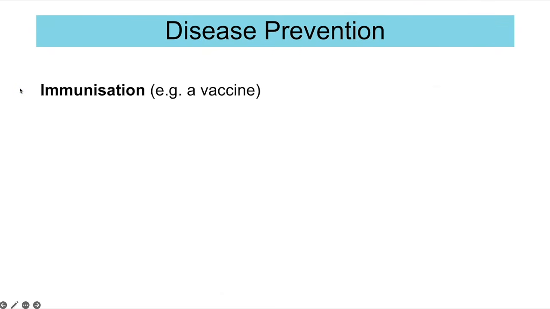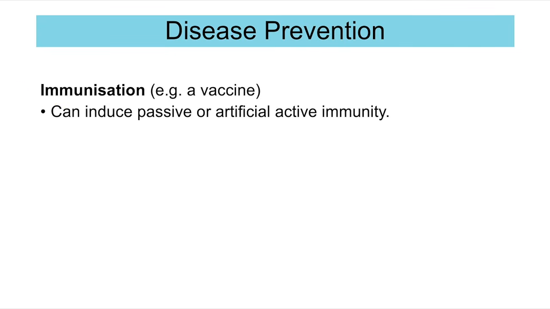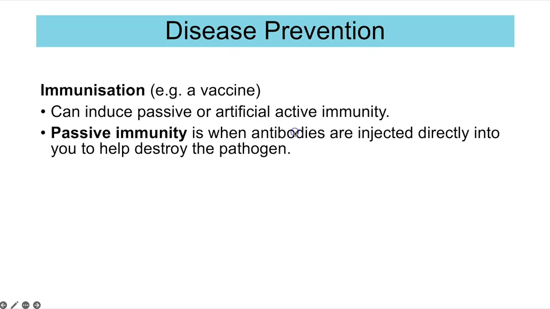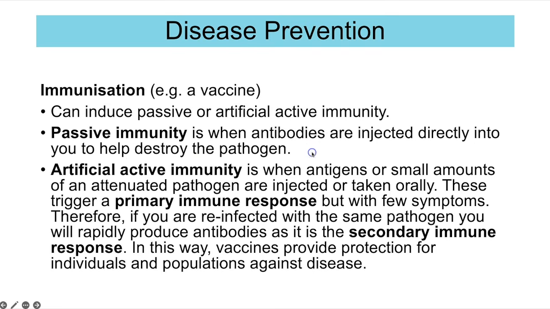Vaccines play a key role in immunisation and disease prevention. So they can induce passive or active immunity depending on whether you're injecting in the antibodies or the antigen. Passive immunity, as we said, is you're just directly injecting in the antibodies.